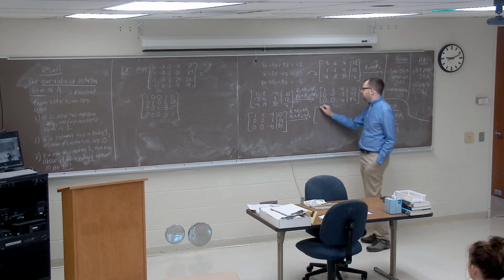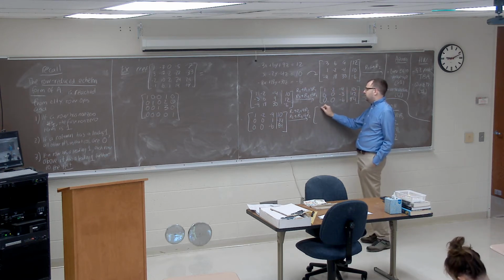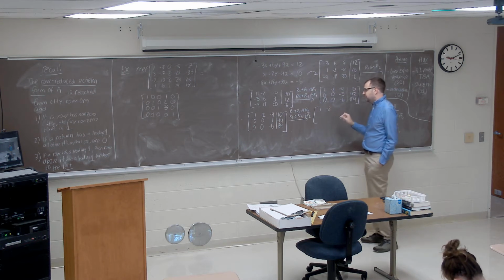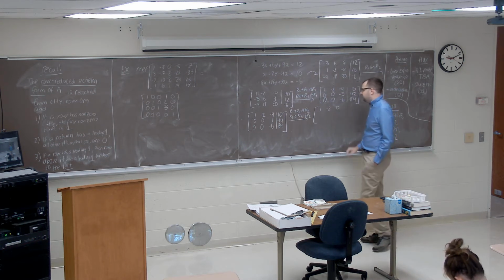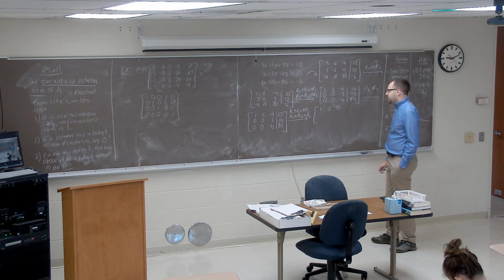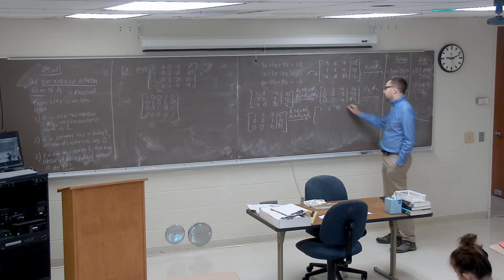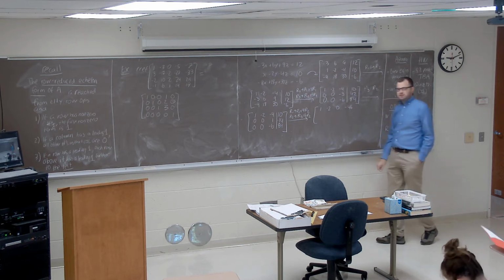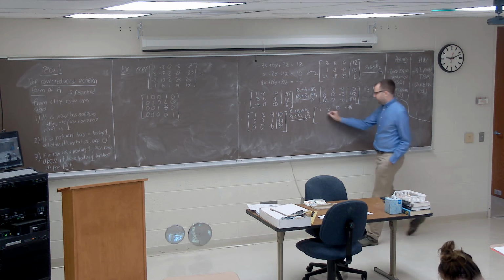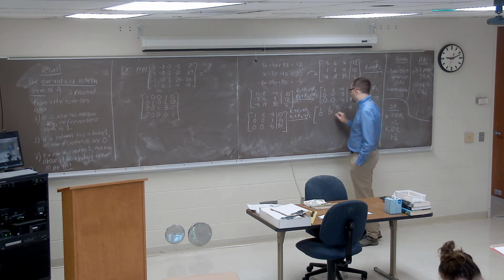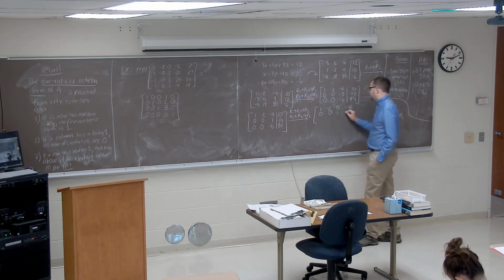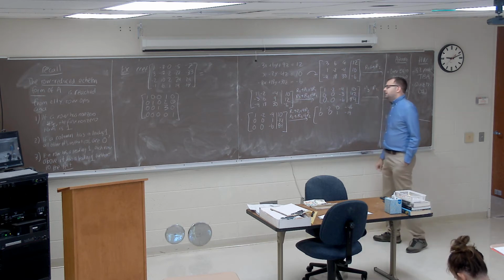Sounds good to me. Let's see, top row. 1 plus 0 is 0. Negative 2 plus 0 is negative 2. Negative 4 plus 4 is 0. 10 minus, oh gosh, 28, 56. I think that's negative 46. 0, 0, 1, negative 14.